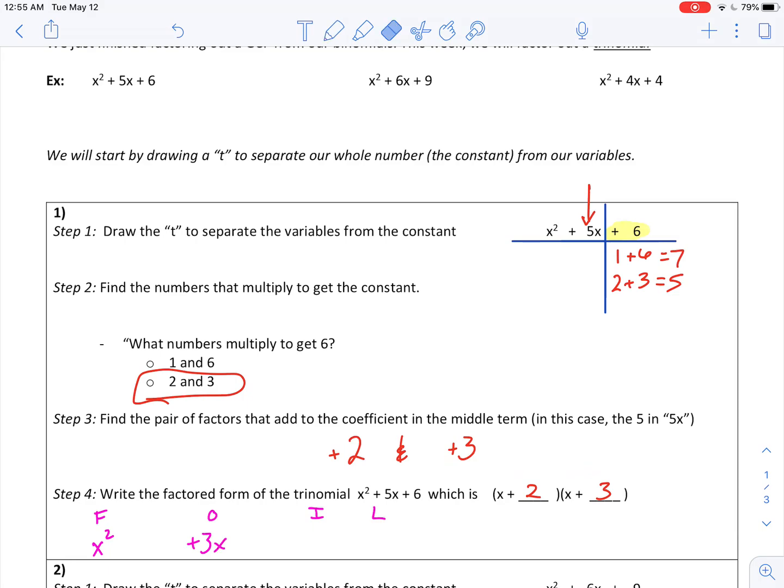Then the inners, positive 2 and positive x, is a positive 2x. And our last product, 2 and 3, is going to get me 6.